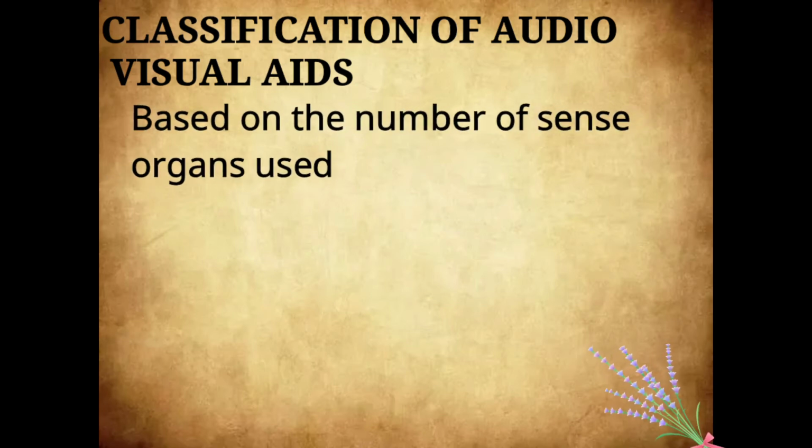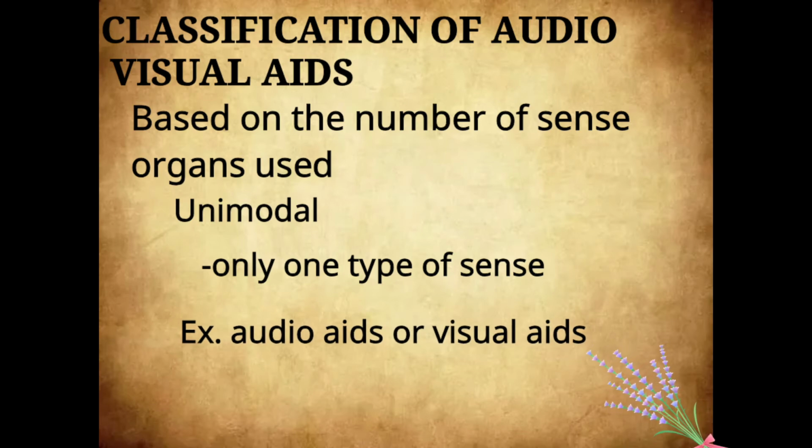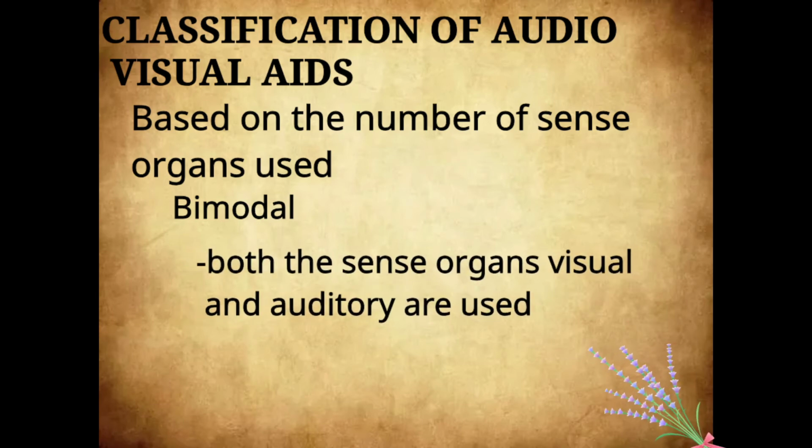There are 2 types. The first one is unimodal. Unimodal is those in which only one type of sense, either sight or auditory, is in use. For example, audio aids or visual aids. And the second type is bimodal. Bimodal is those in which both the sense organs, visual and auditory, are used.